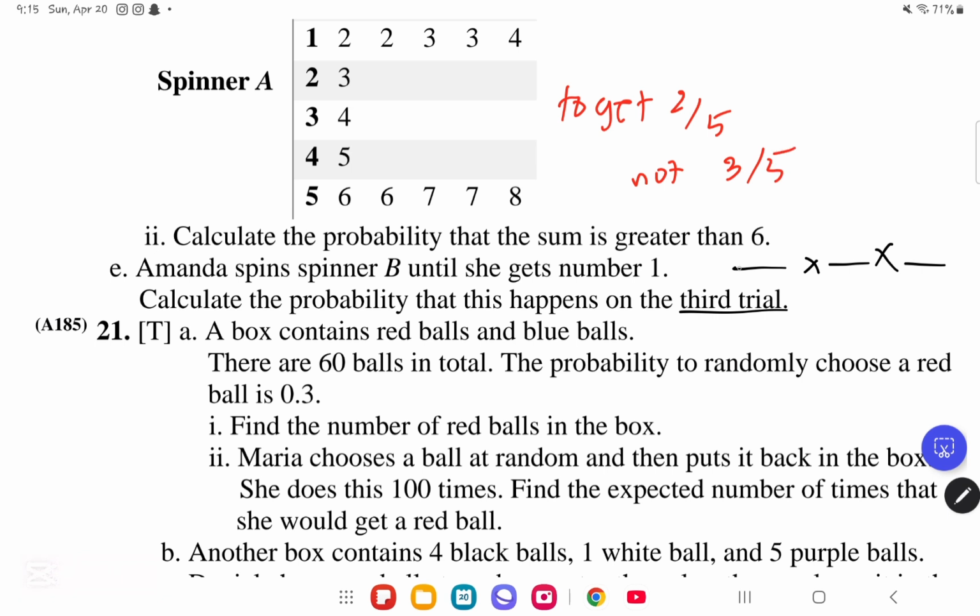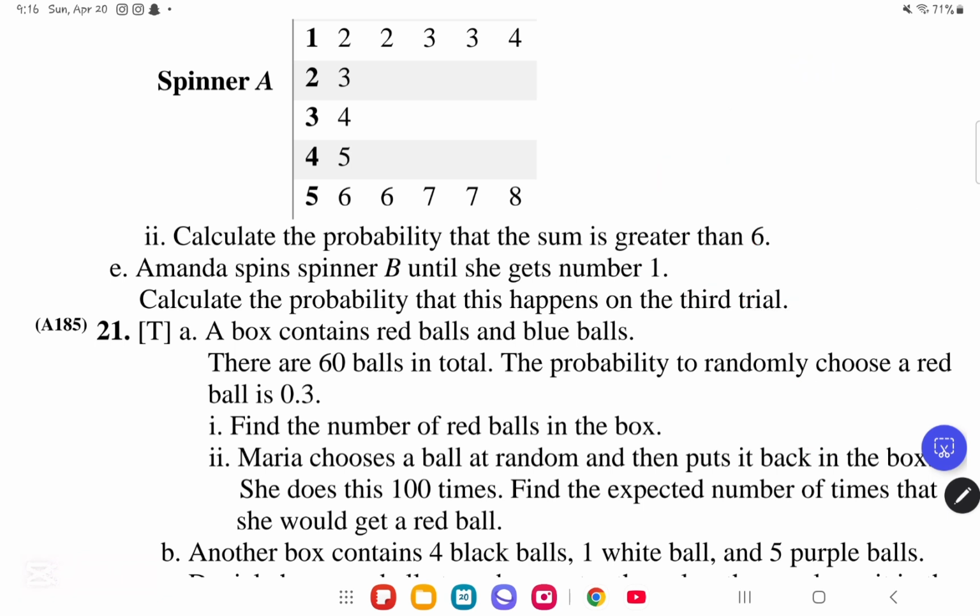So the first one, I'm not going to get, so it's 3 out of 5. The second one, I'm also not going to get, so it's also 3 out of 5. And then the final one, which is the third trial, I will get 1, so that's 2 over 5. So multiply them all. It's going to be 3 times 3 times 2 over 5 times 5 times 5. So all in all, it's going to be 18 over 125.